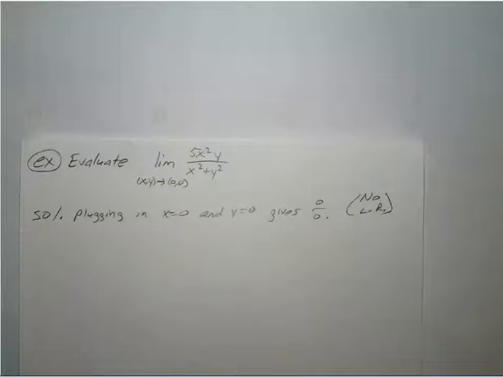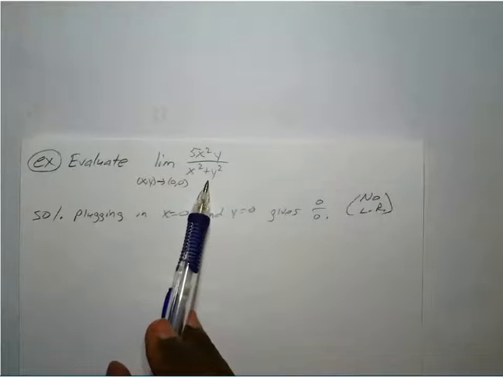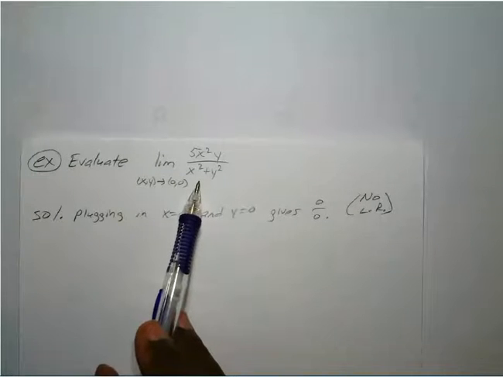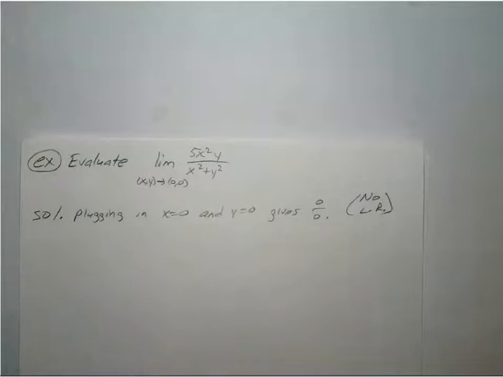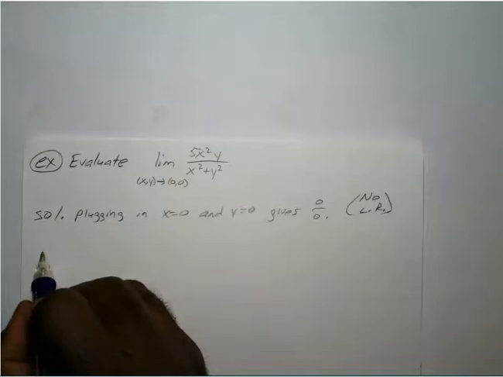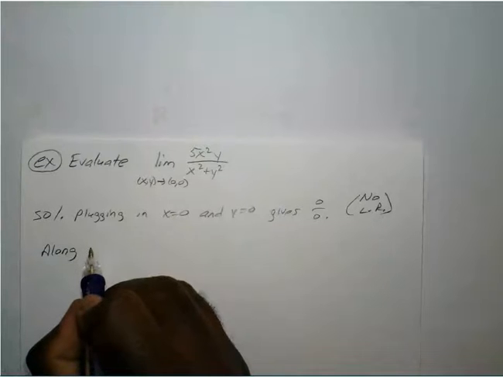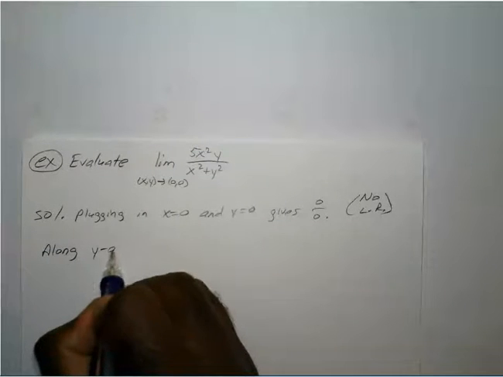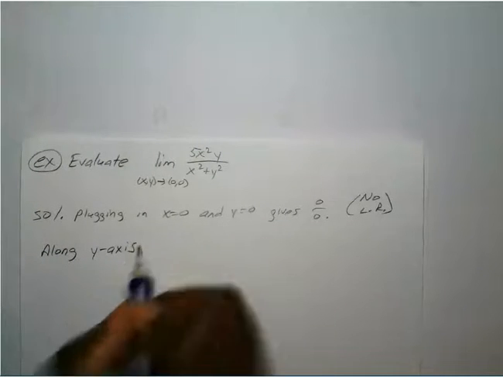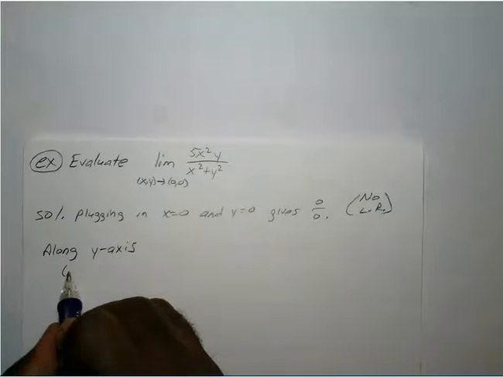So now what we're going to do is see exactly what will happen if we approach this function from different directions to find our limit. Okay, so what if we approach it along the y-axis?